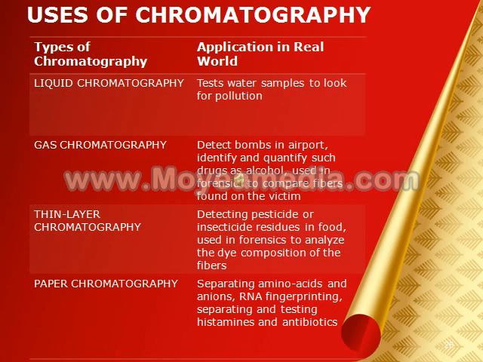The thin layer chromatography is used in detecting pesticides and insecticides in food residues. It can be used in dye composition, used in forensic labs. In case of paper chromatography, we can separate the amino acids. RNA fingerprinting can be done. We can separate the histamines and the antibiotics, and these all practicals are conducted in the laboratory when we shall meet.